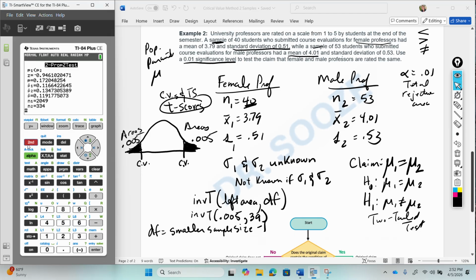So let me get out of here, then get into second vars, and come down here to inverse t. And I must give left area. So for this negative critical value, I've got the left area, 0.005. And the degrees of freedom are 39.